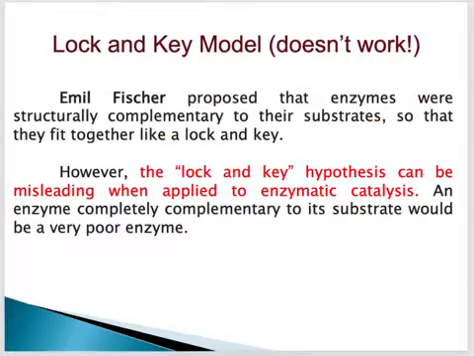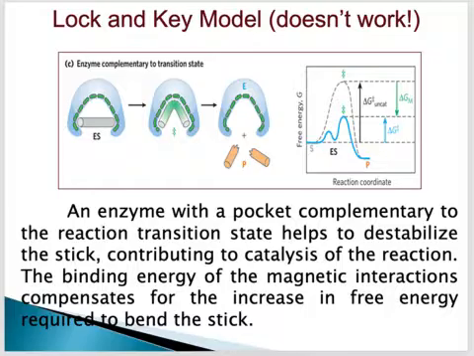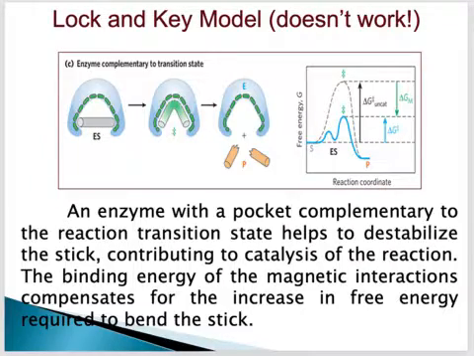In the next few slides, you don't have to read them carefully. They describe scenarios showing that not the original form of the substrate, but the transformed or distorted form, is more complementary to the active site.